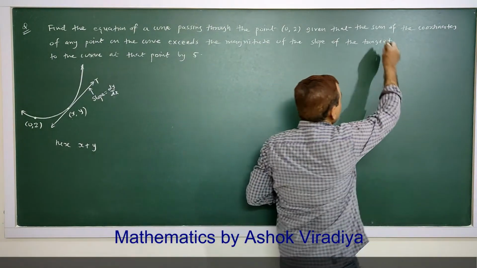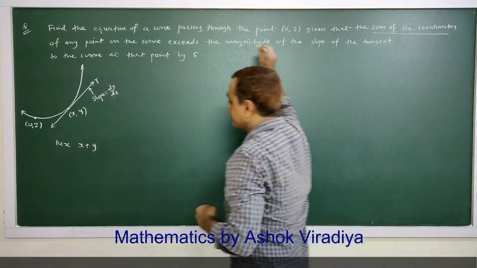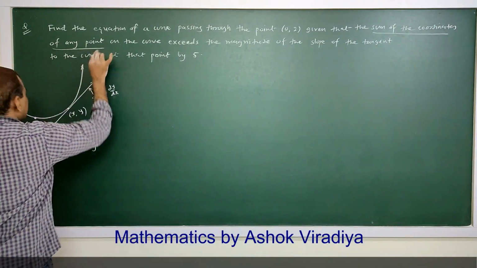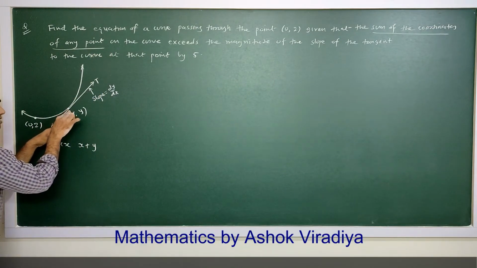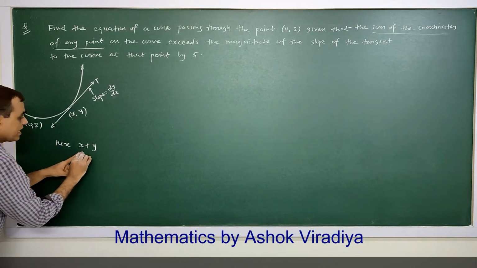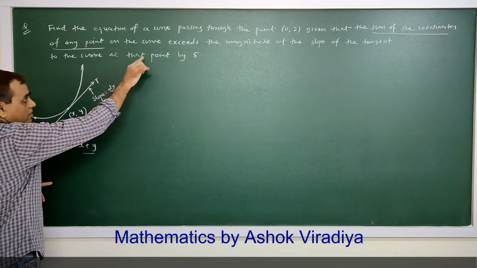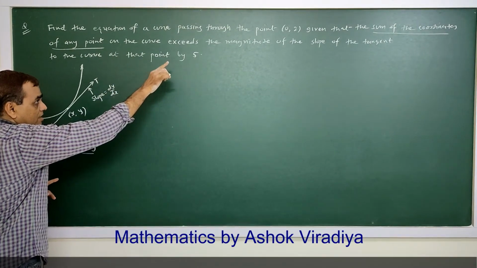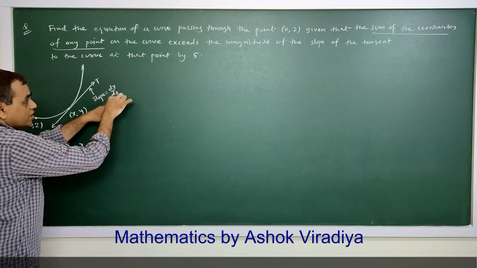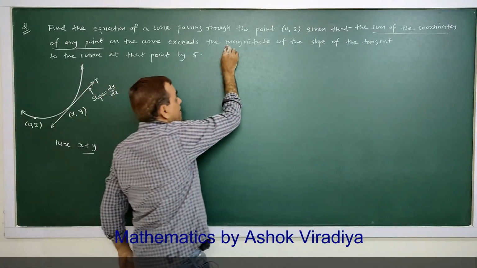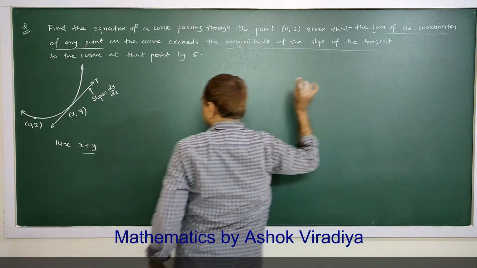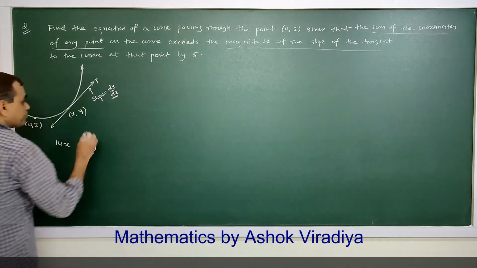Sum of coordinates of any point, that is, this is any point. So sum of coordinates, that is x plus y, on the curve exceeds the magnitude of slope of tangent. Magnitude of slope of tangent, that means this value.